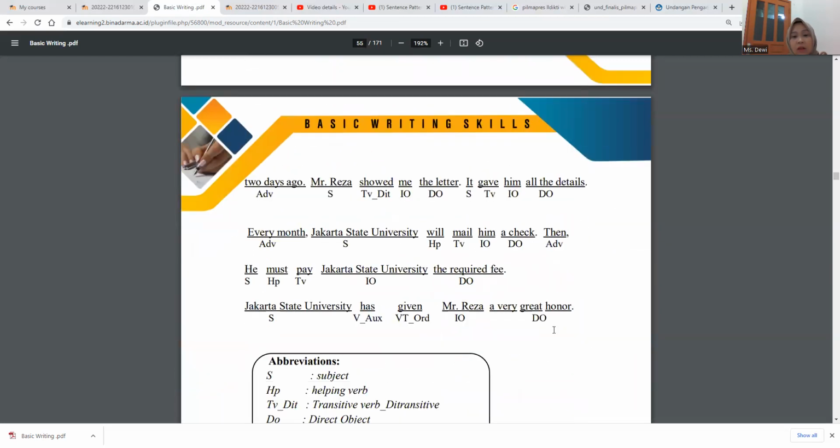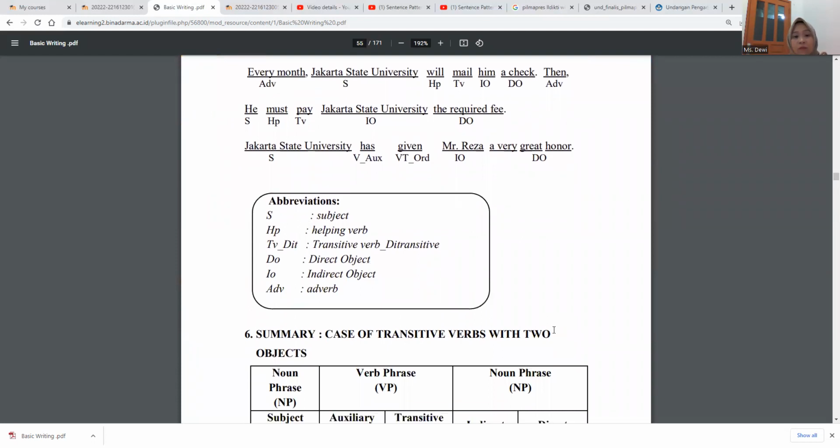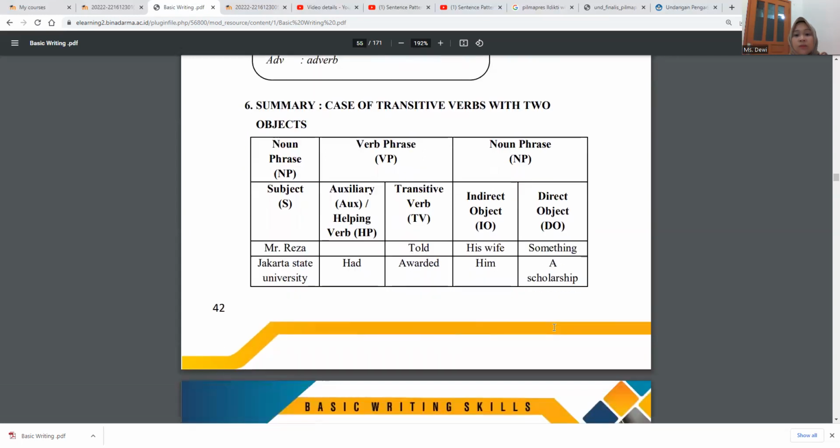This is the guided writing. You can see how the sentences are actually formed. Okay, and this is the summary.